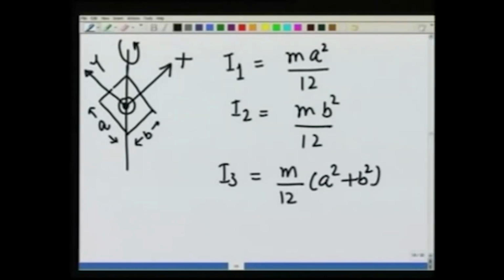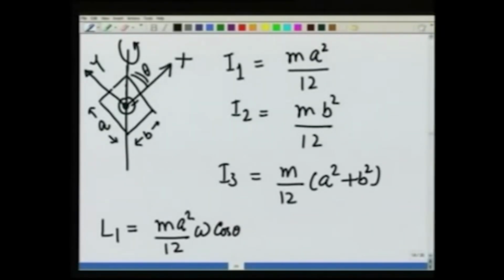And therefore, the various angular momentum components are going to be L1 equal to, suppose this angle is theta, then L1 is going to be m a square over 12 omega cosine of theta, and you can see cosine of theta is going to be this divided by this.